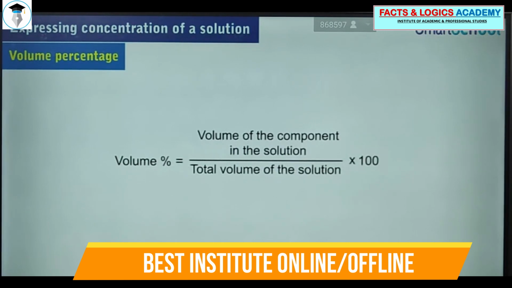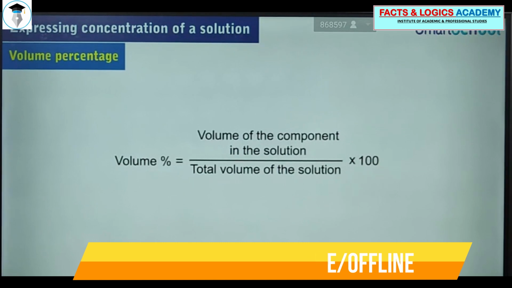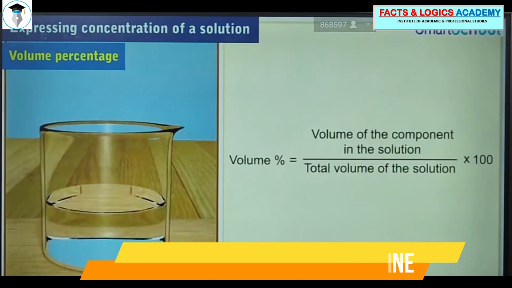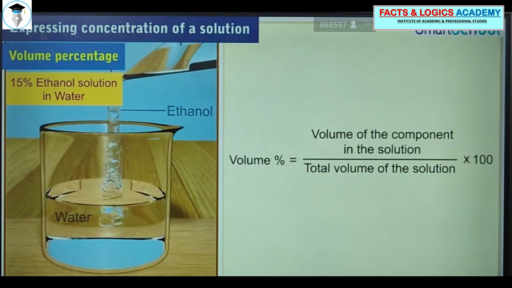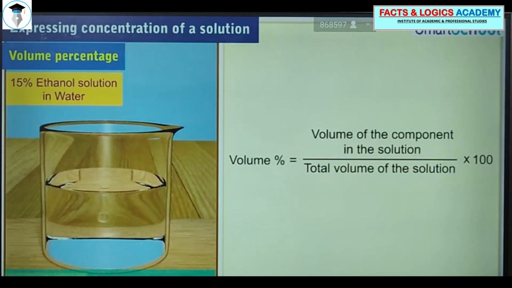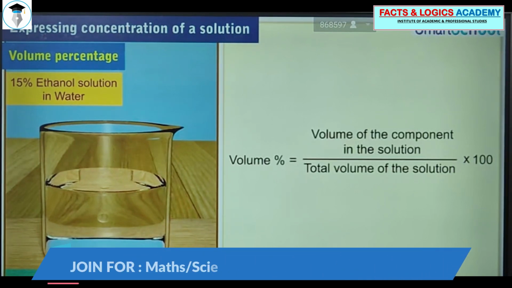The concentration of solutions where both the solute and the solvent are liquids is commonly expressed using this method. For example, 15% of ethanol solution in water means 15 milliliter of ethanol is dissolved in 85 milliliter of water such that the total volume of the solution is 100 milliliter.